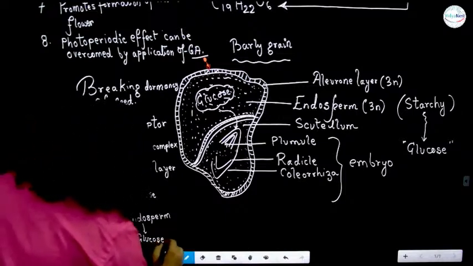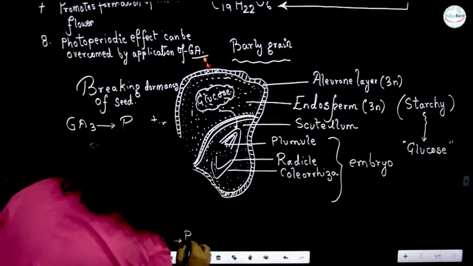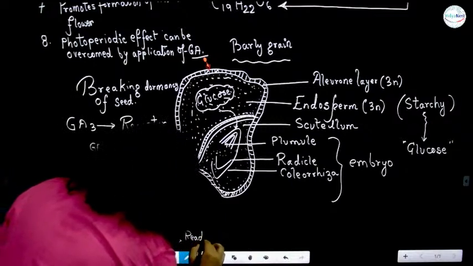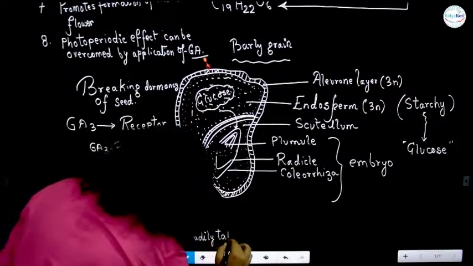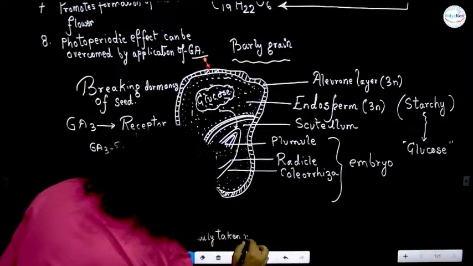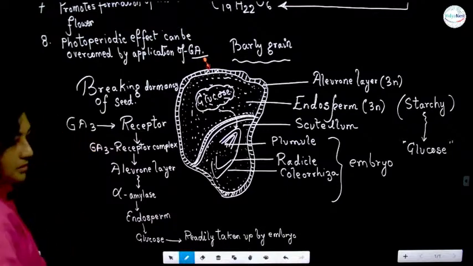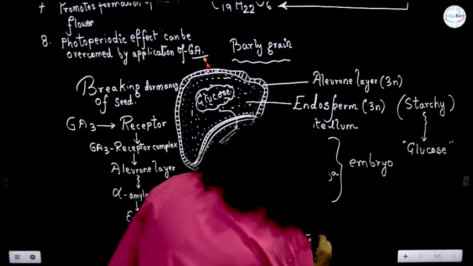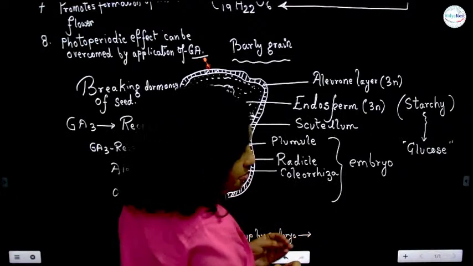And this glucose will be readily taken up by the embryo and will help in quick germination and reducing the period of dormancy.